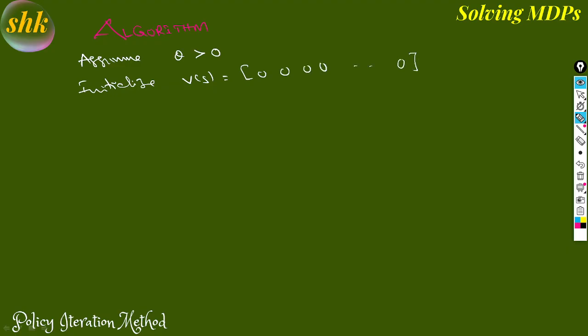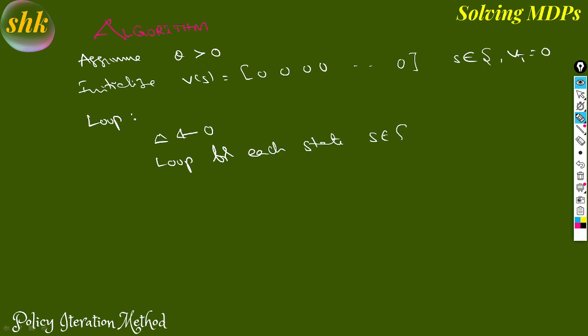For every state we will write a 0, where s belongs to the state space S, and for the terminal state the value function is always 0. Then we go for looping. First we initialize delta equivalent to 0. Then we loop for each state s which is a member of the state space S.